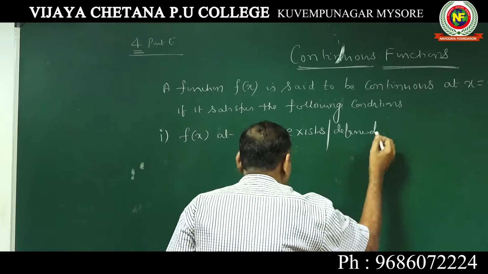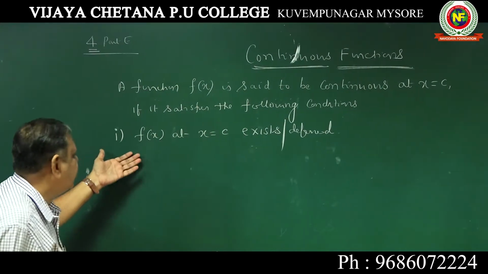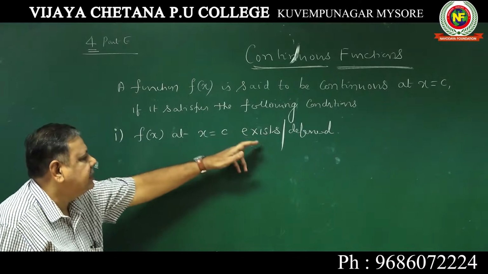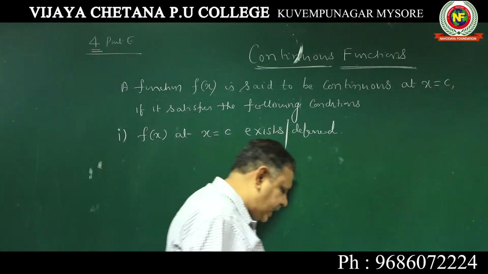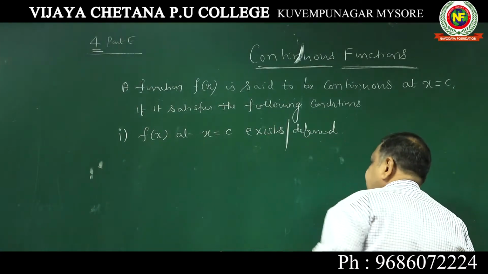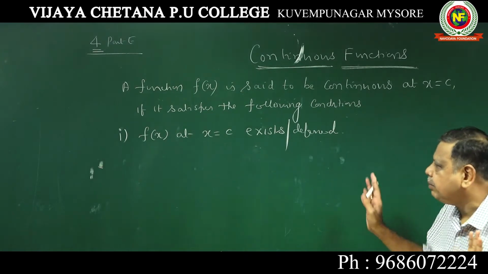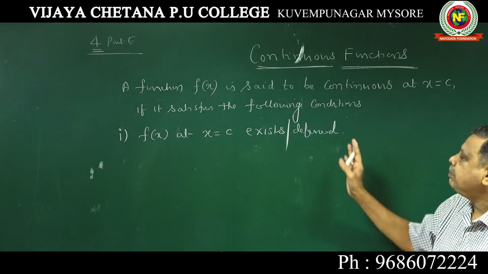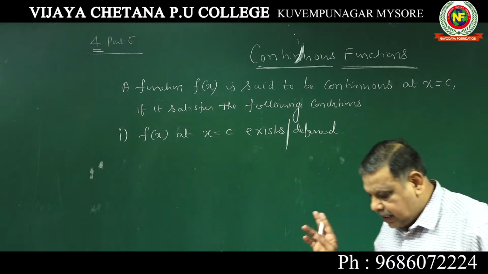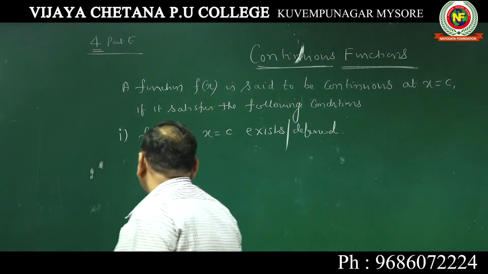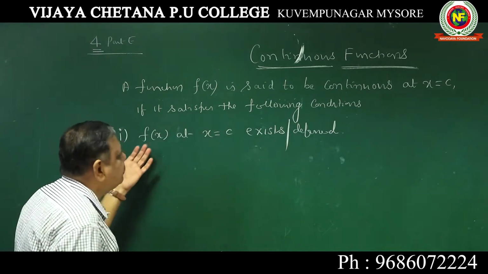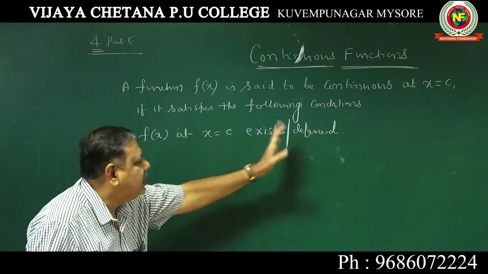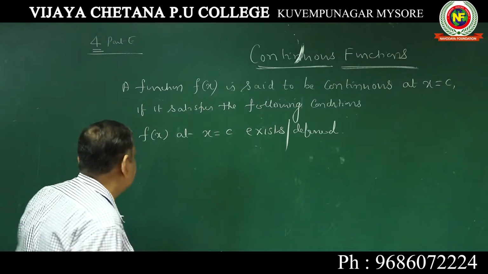If that function is defined, we say f(x) at x equal to c exists or is defined. You will understand only when I solve the problem. When I start the problem, you will understand the things. So f(c) exists or is defined.